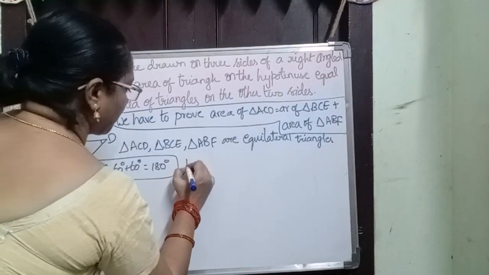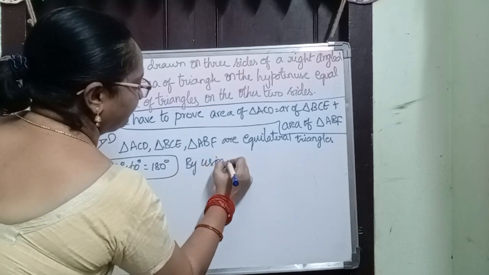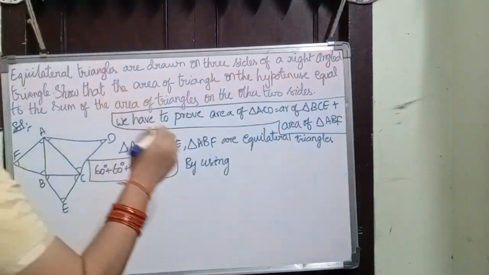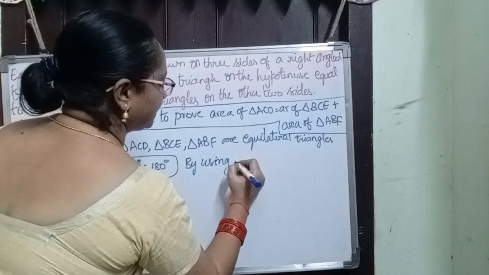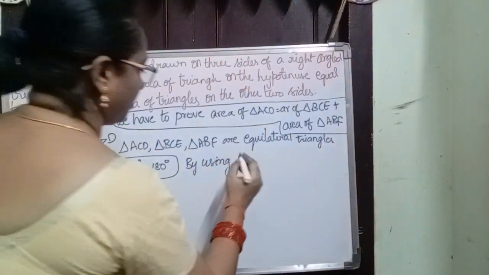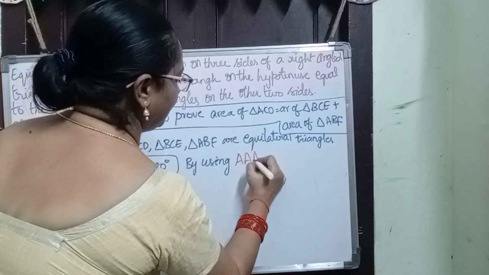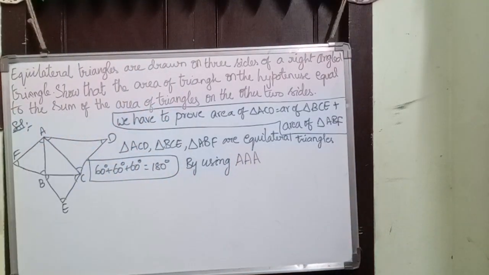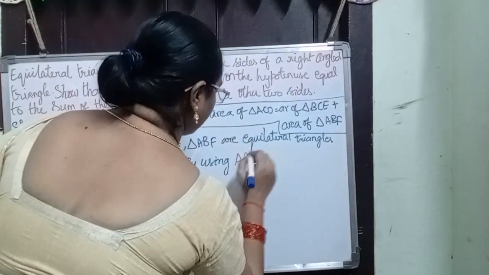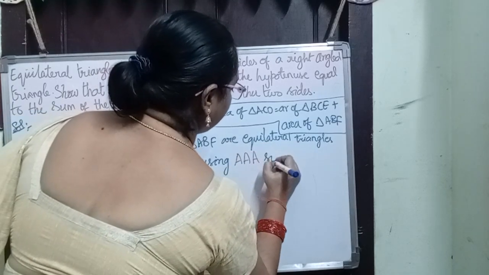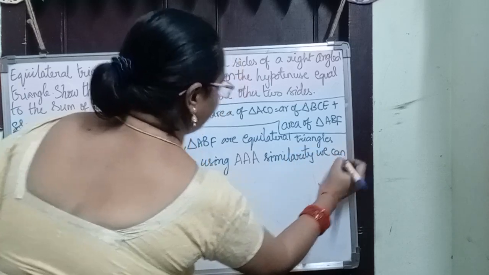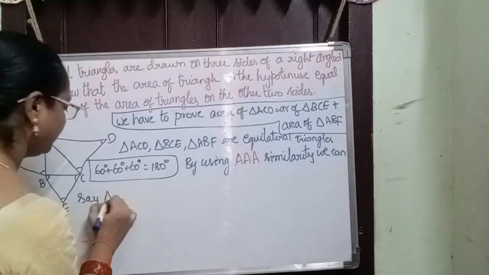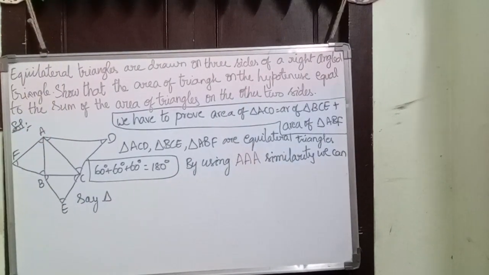By referring to this, we can say, by using similarity, that all three angles of the two triangles taken are equal.